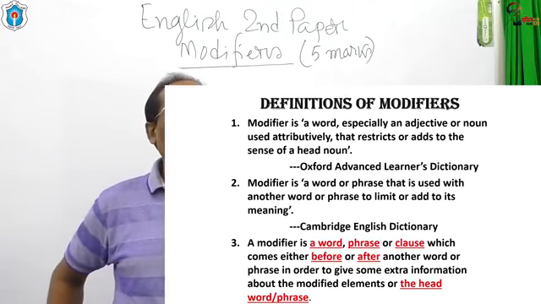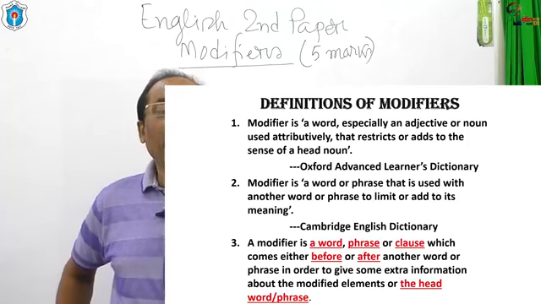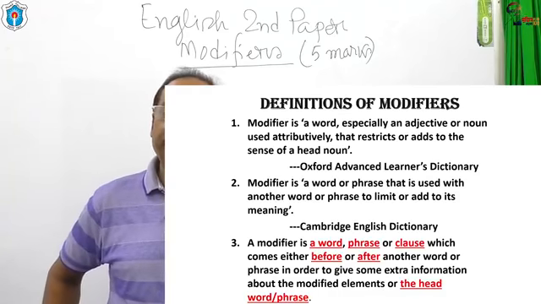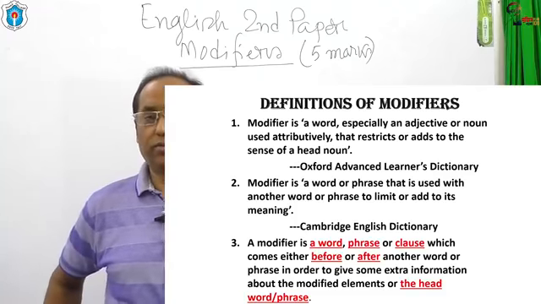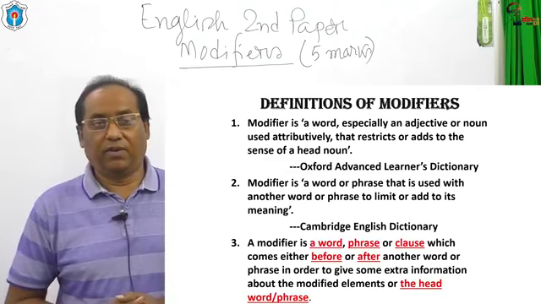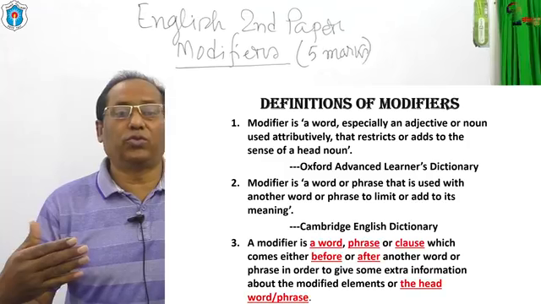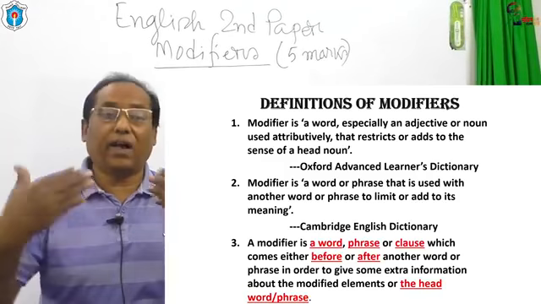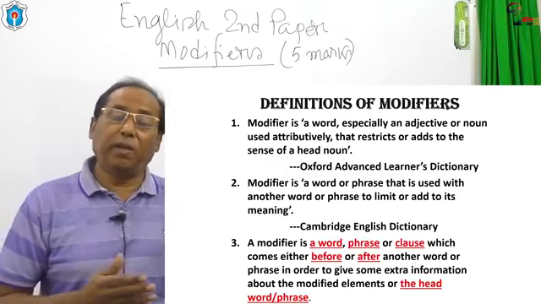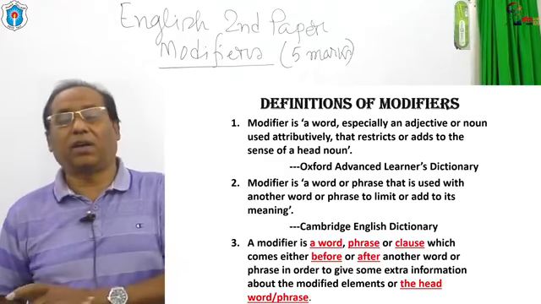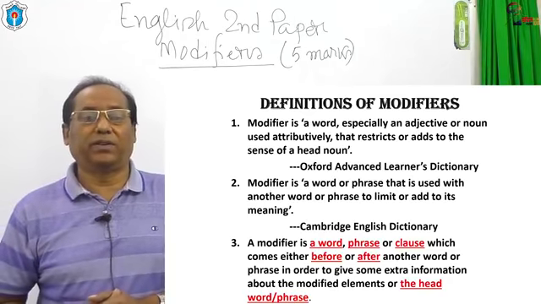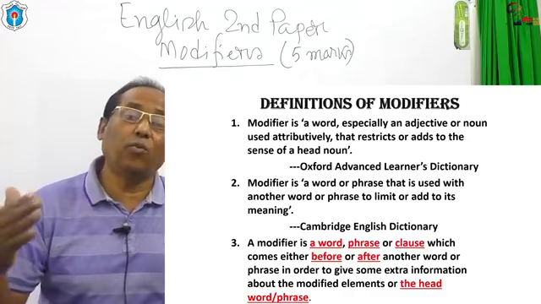What is modifier? Your answer is modifier is a word or a phrase or a clause. Next question. Where is it used? Our answer is that it may be used either before or after the modified word or the head word.